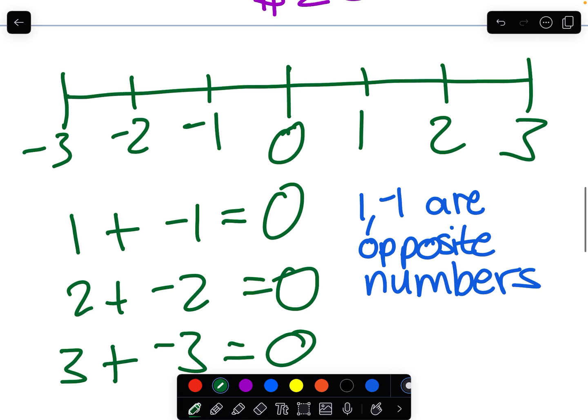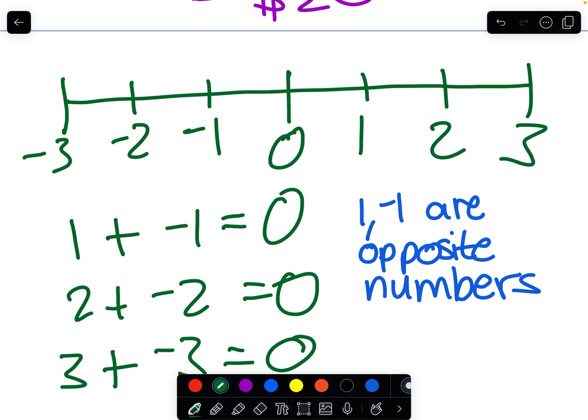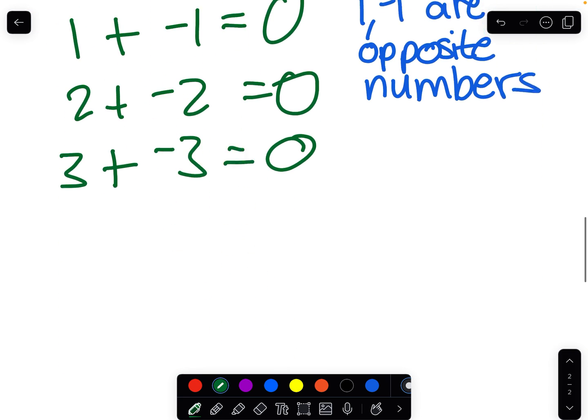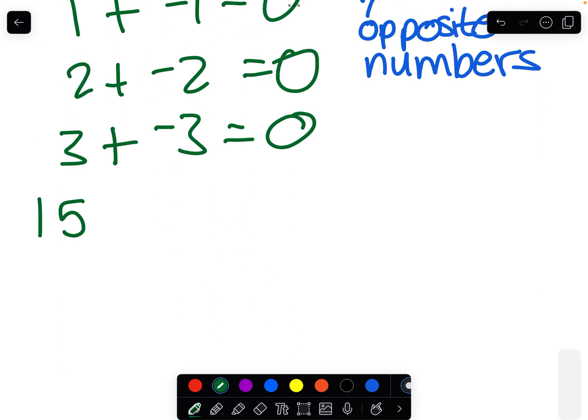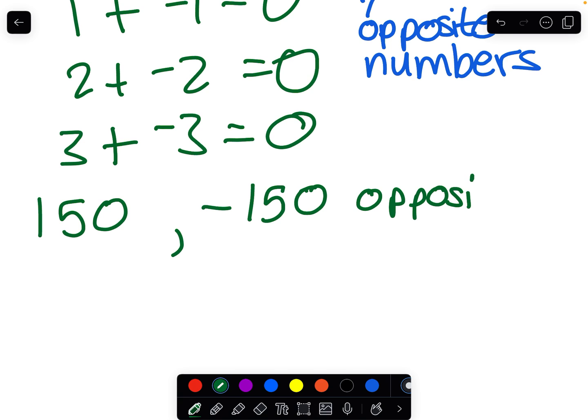Another way to think about them is that they are the same distance from the integer 0 on a number line. So 150 and negative 150 are also opposite numbers. They're the same number with different signs.